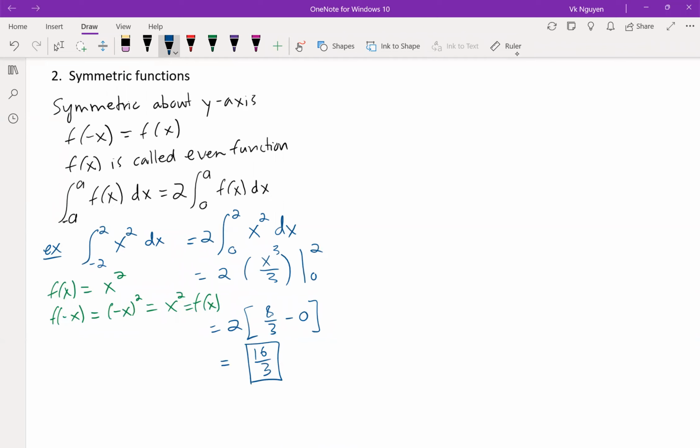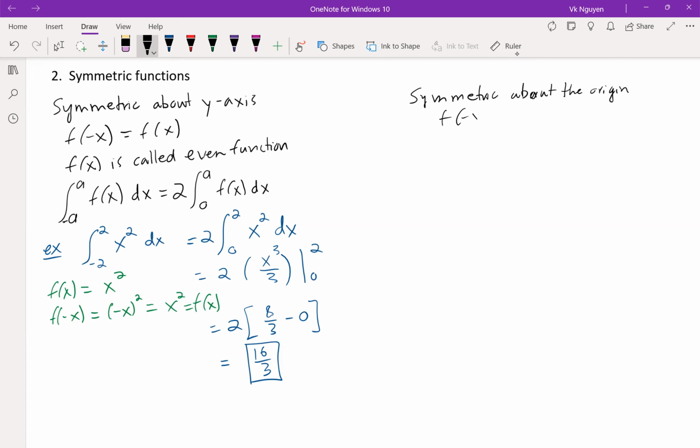Quick. Okay, another one is symmetric about the origin.